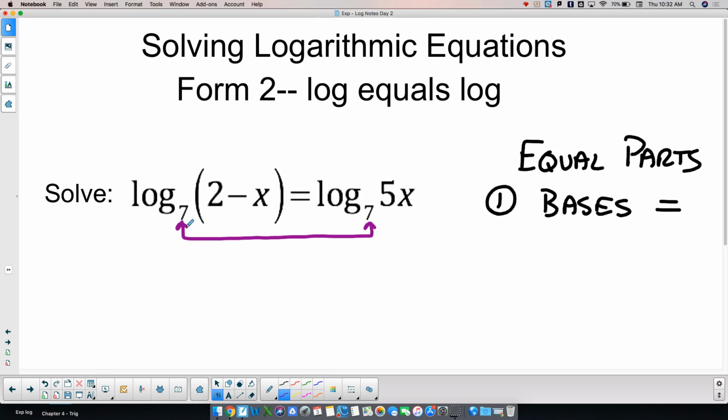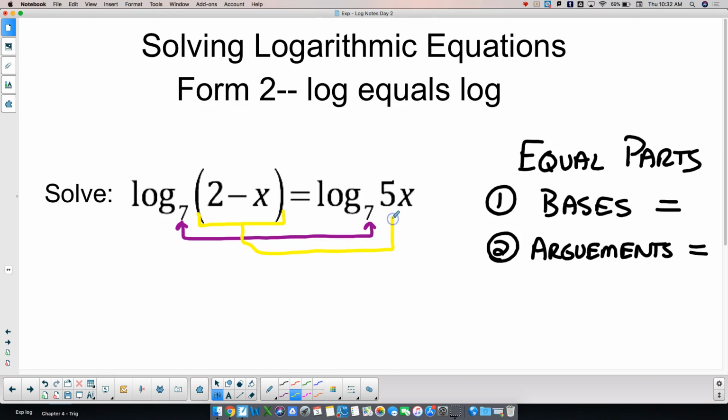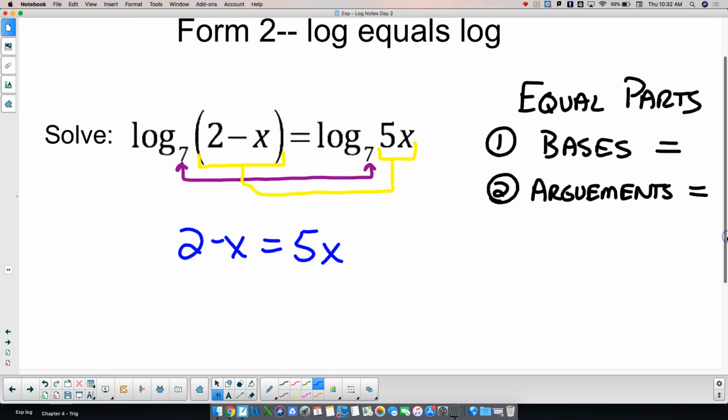So that works out. The second thing that you have to check is that the arguments are equal. So 2 minus x has to equal 5x. That's where the variables lie, so that's what we're going to solve. And then you solve and check that.